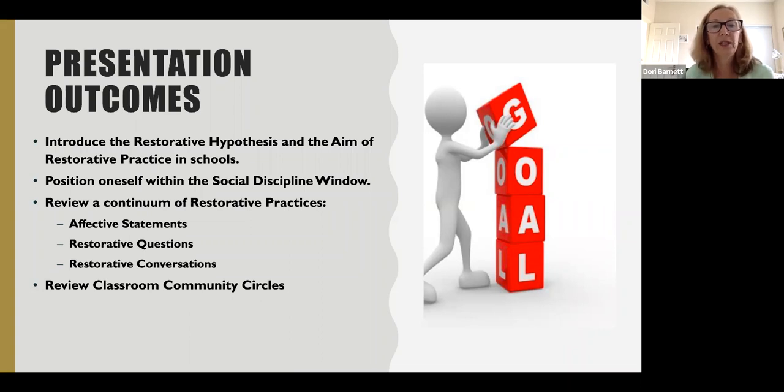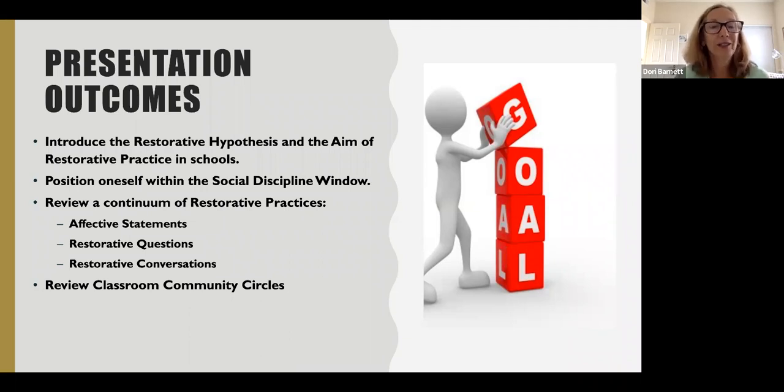So what we're going to do today is explore some of the foundational principles of restorative practice, including what's called the restorative hypothesis and the aim of restorative practice. We're going to take a look at the social discipline window, which helps us locate our current approach within the continuum of restorative practice.